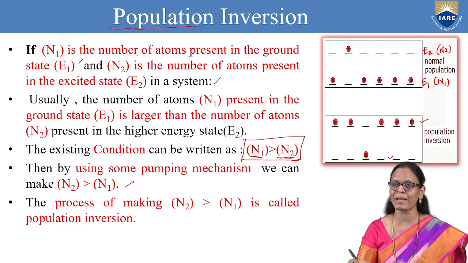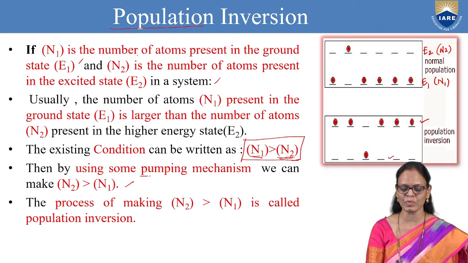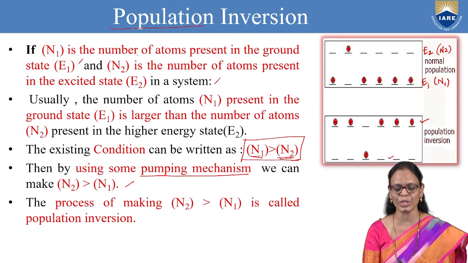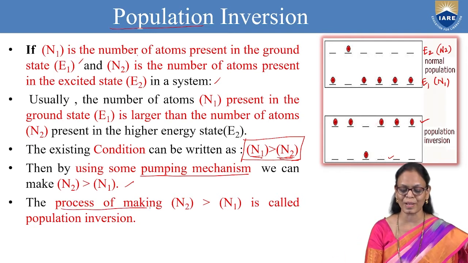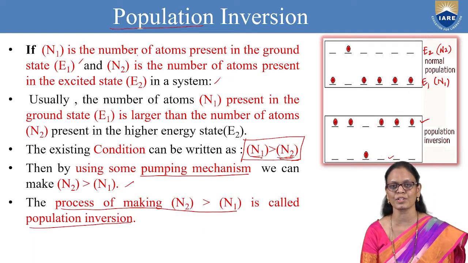But how do we do that? By using some pumping mechanism. Pumping is the process of sending the atoms from a lower energy level to a higher energy level by using some energy source. The process of making N2 greater than N1 is called population inversion.